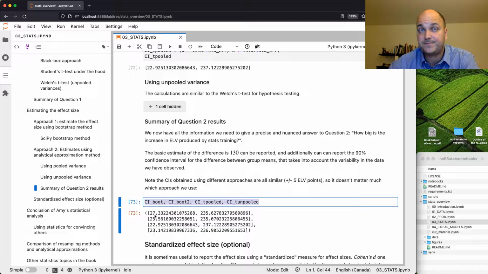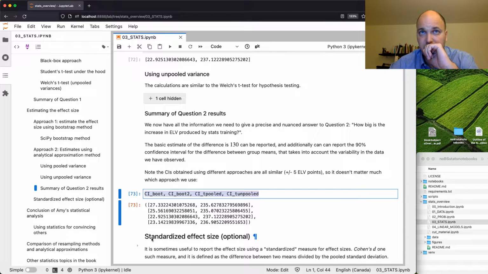As you see, it doesn't matter which one you use. You're always going to get roughly the same numbers. You have to say in your write-up, I use this method. But roughly plus or minus 2 here and plus or minus 5 here, the boundaries of the intervals end up being very similar. Okay?